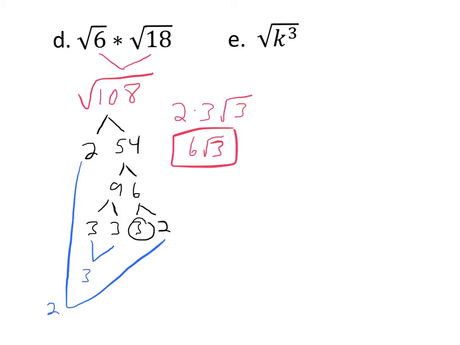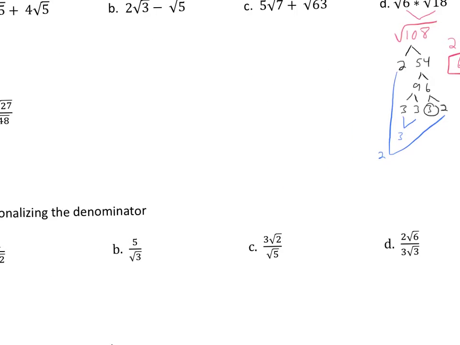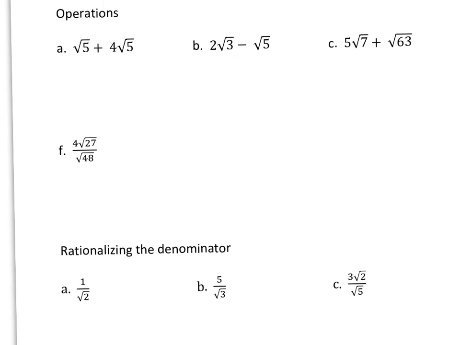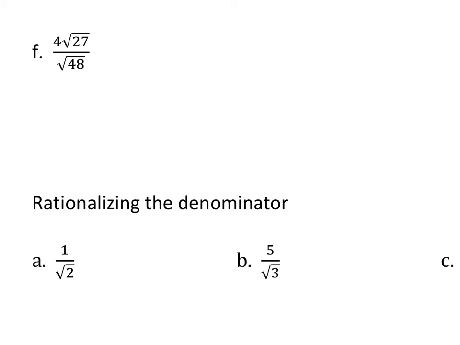Okay, now we're going to go to division of radicals. Now, just as we talked about, when we have a root of a number, we can separate it into the root of two products, just as we did right here.